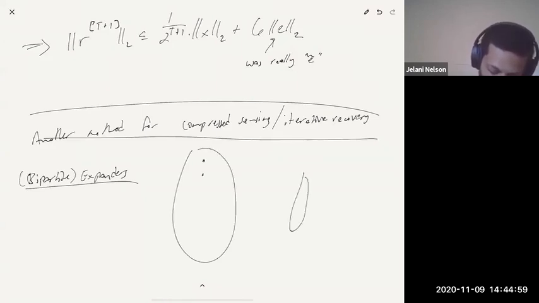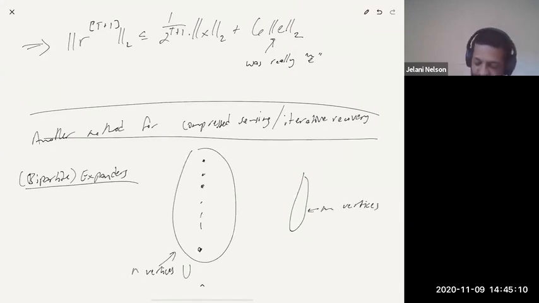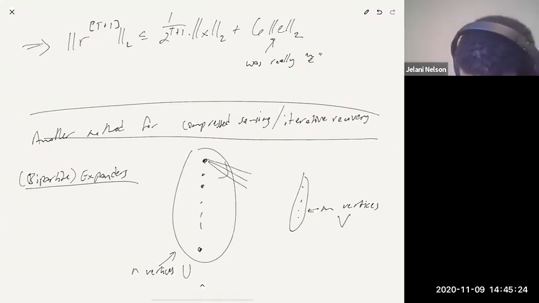So here we're going to have n vertices. And here we're going to have m vertices. Hint, hint, m is going to be the number of measurements in our matrix, and n is going to be the coordinates. Let's call these v. And we're going to have a left regular graph that's d left regular. So every vertex here has out degree exactly d.